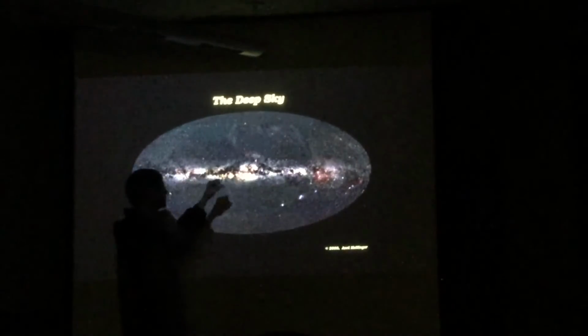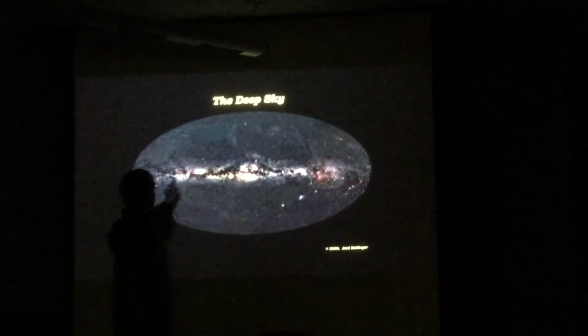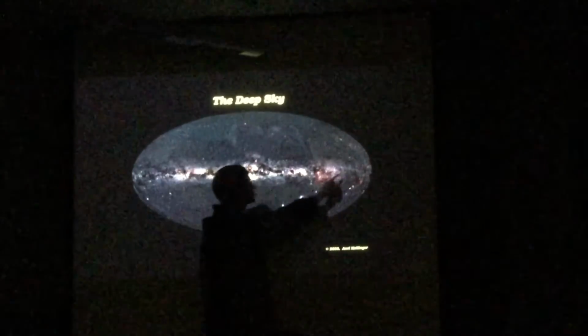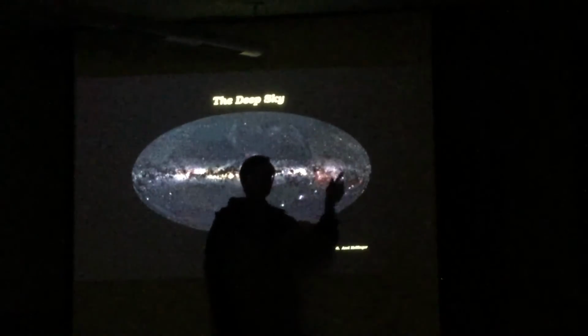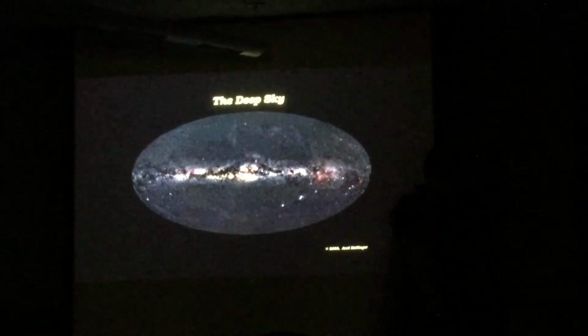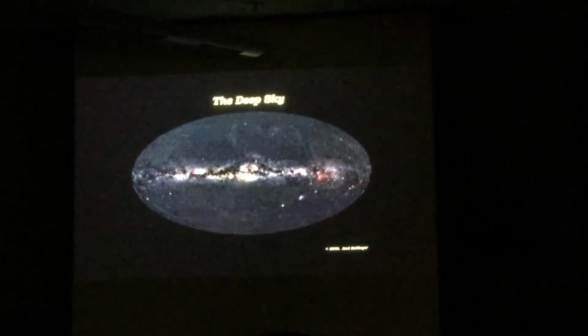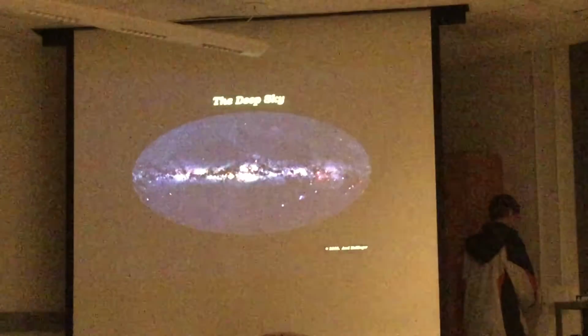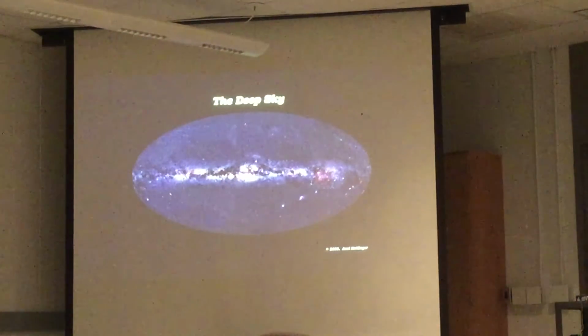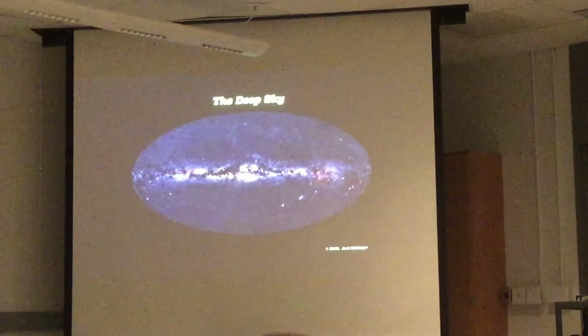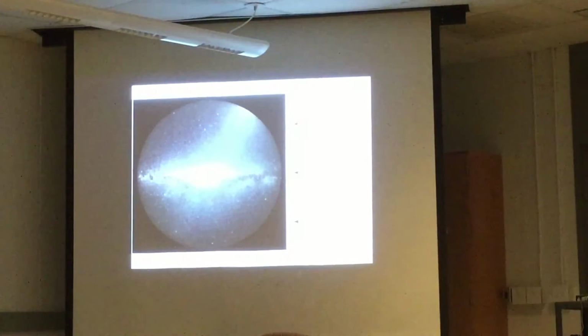Note too, though, that it's a 360-degree view. In other words, this point and this point are the same as one another. So it's a total wraparound view, projecting the entire celestial sphere onto this ellipsy-looking thing here. And so one thing to understand is that that's what we're seeing when we look at the Milky Way in the sky.